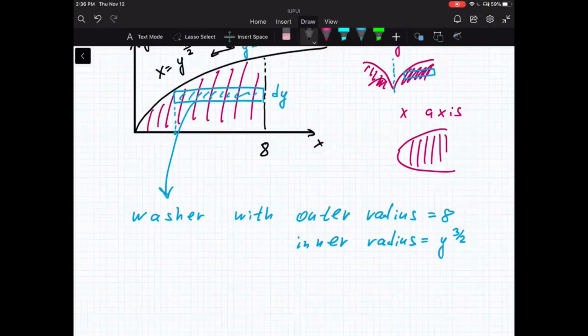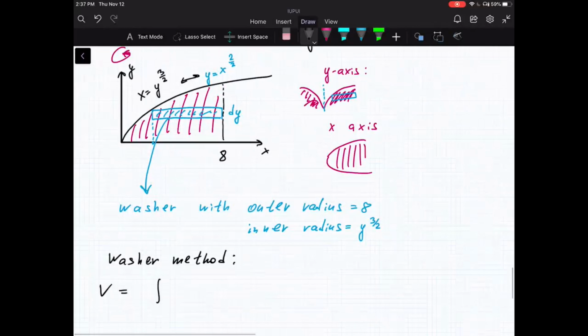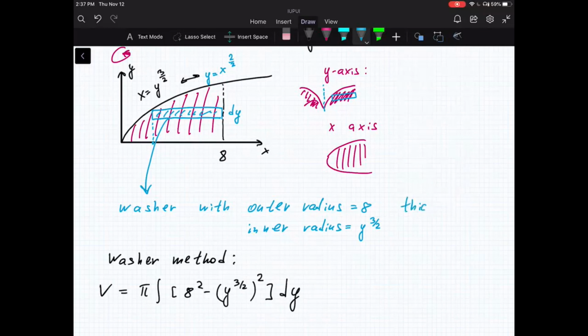And thus, by the washer method, my volume of revolution will be the integral of π times outer radius squared minus inner radius squared, so it's 8 squared minus y to the power 3/2 squared, and the thickness of my washer is dy. So indeed, integral with respect to dy.